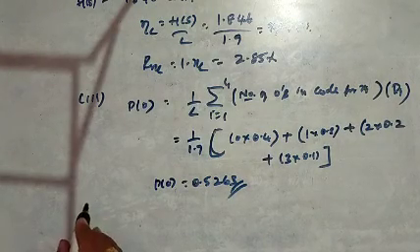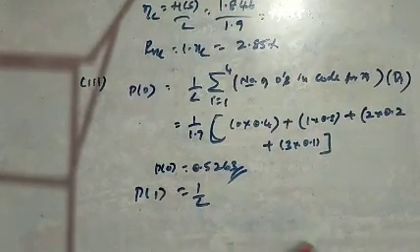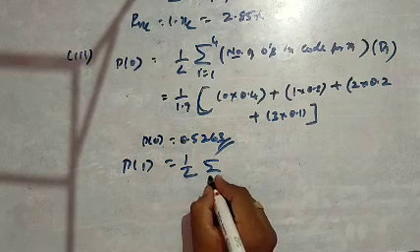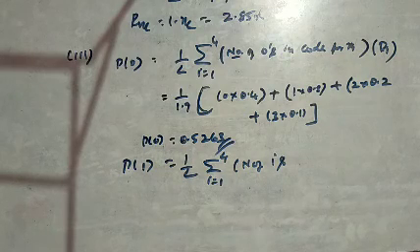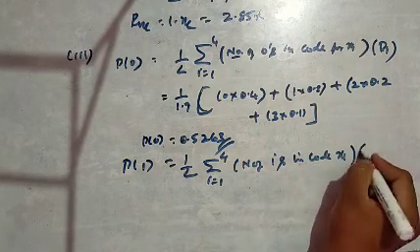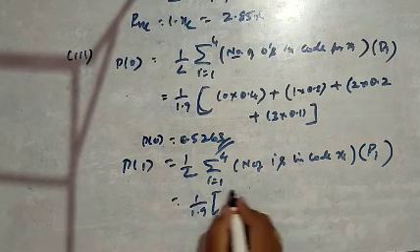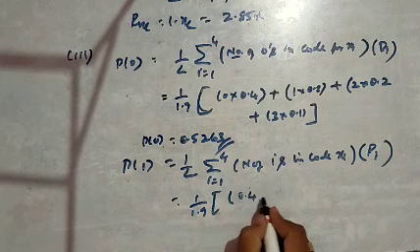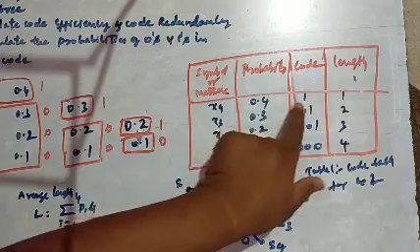Similarly, P of 1 is 1 by the average length times the summation, i equal to 1 to 4, of the number of ones in the code for xi multiplied by their probability Pi. 1 by L is 1 by 1.9. In the first code, with 0.4, we have 1 one.